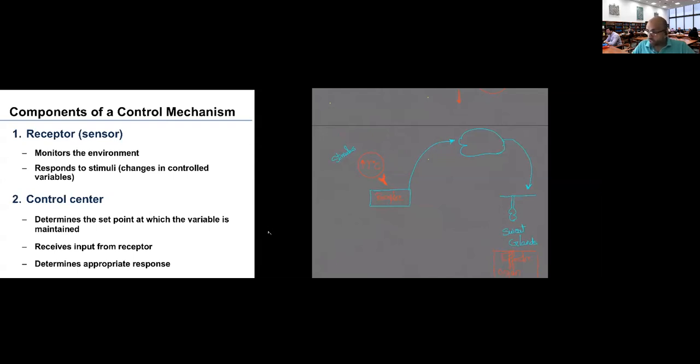Once the effector organ gets stimulated, it's going to have a response. And what is the response here? To produce sweat. And what's going to be the effect of the response on my body temperature? It's going to be reducing my body temperature back to normal.